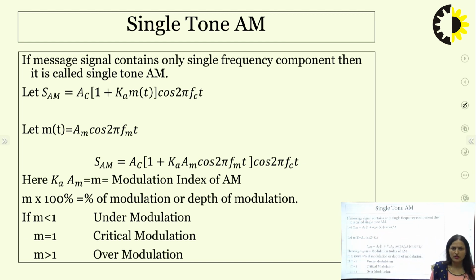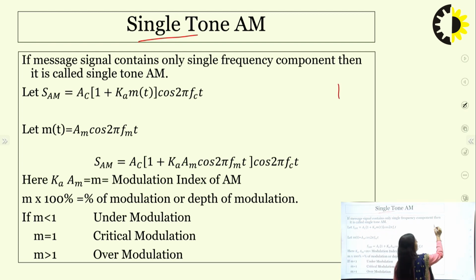The first modulation is amplitude modulation, and the first type of amplitude modulation is single tone AM. Here I will teach you what amplitude modulation is, and I will consider a single tone. What is the meaning of single tone?